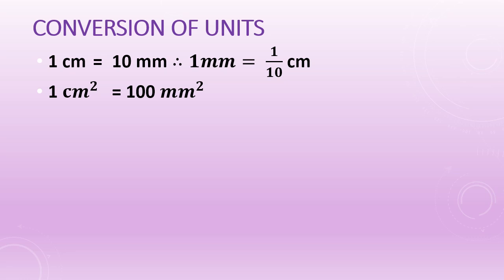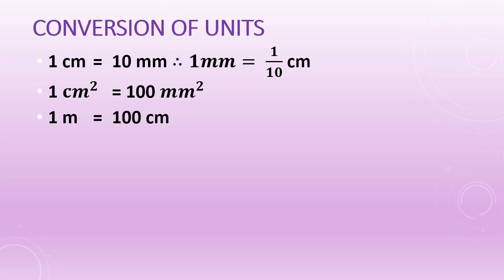Instead of 1 centimeter, we can substitute 10 millimeter because 1 centimeter equal to 10 millimeter. So 10 millimeter into 10 millimeter gives 100 millimeter square. So 1 millimeter square equal to 1 upon 100 centimeter square.